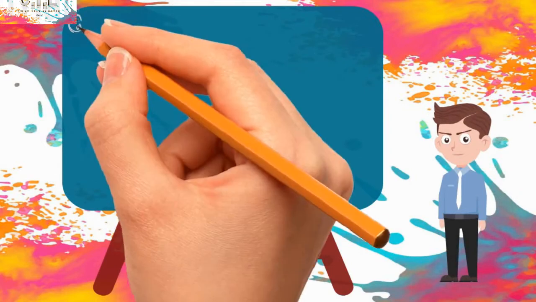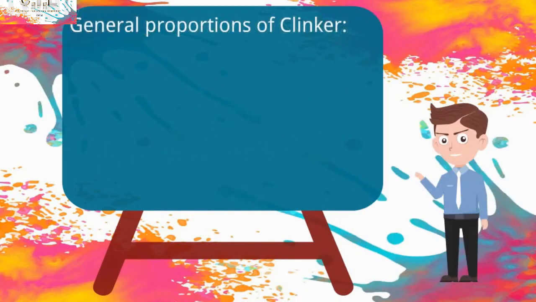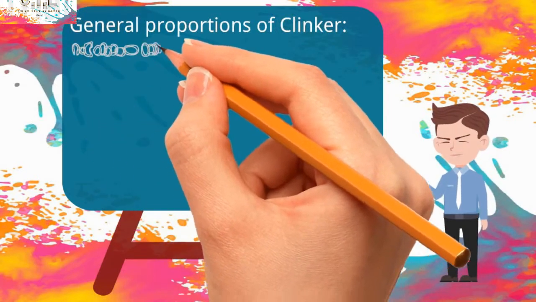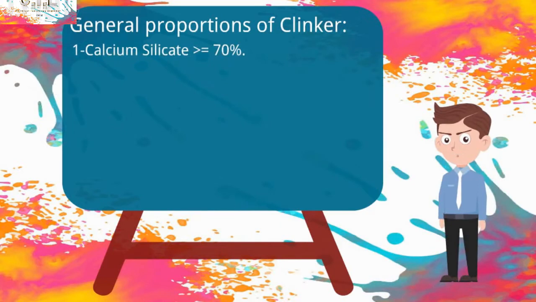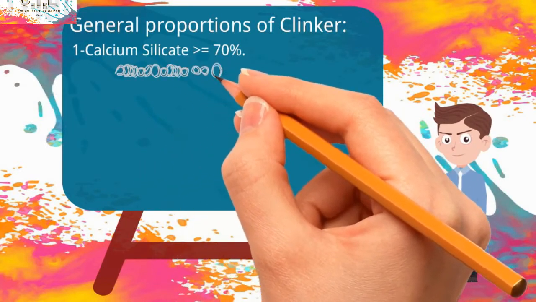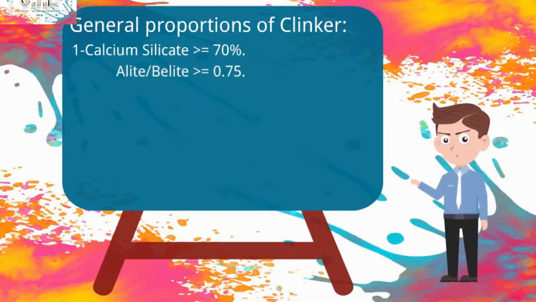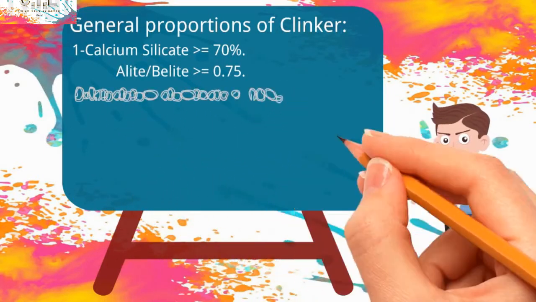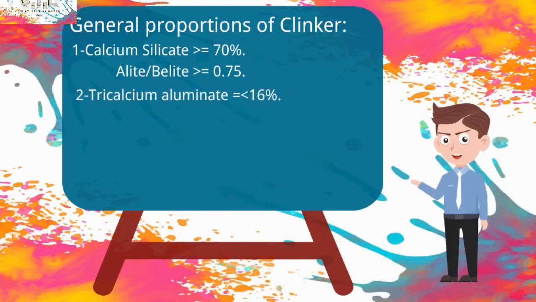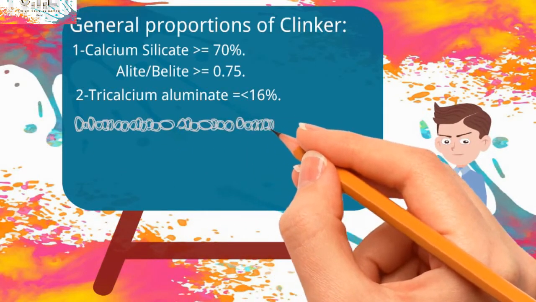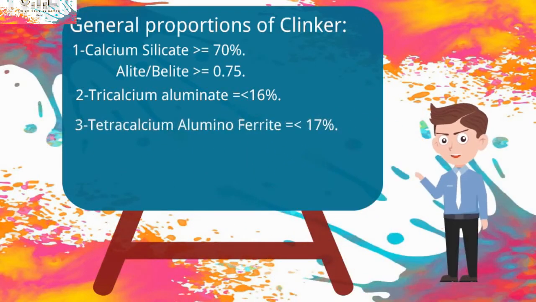To get good quality clinker, the proportions of these compounds should be not less than 70% calcium silicate, with not less than a 3 to 1 ratio for alite and belite respectively, not more than 16% tricalcium aluminate, and not more than 70% tetracalcium aluminoferrite.